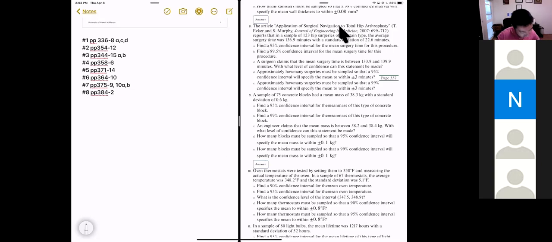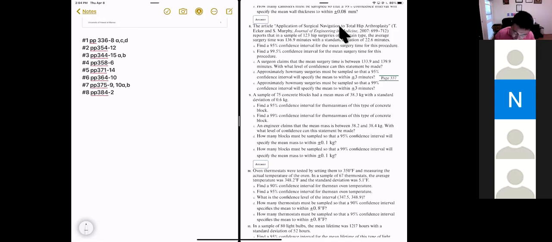So let's look at the first question, number 1, on page 336, question number 8. As I said, always look at the last sentence.